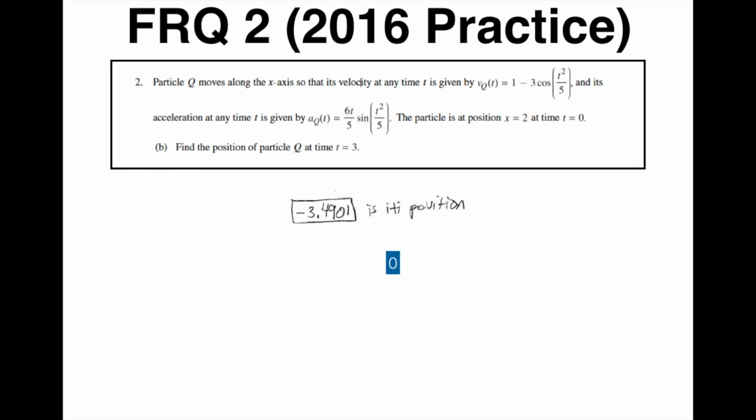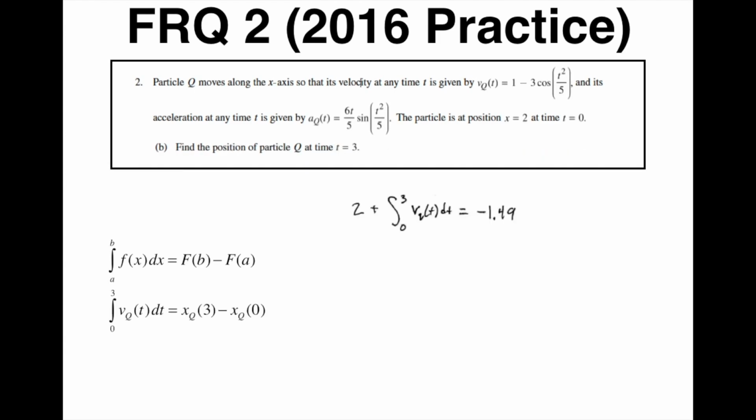It seems pretty obvious that the student integrated. Let me just go back. The student integrated this and found negative 3.49, but just did not add 2.